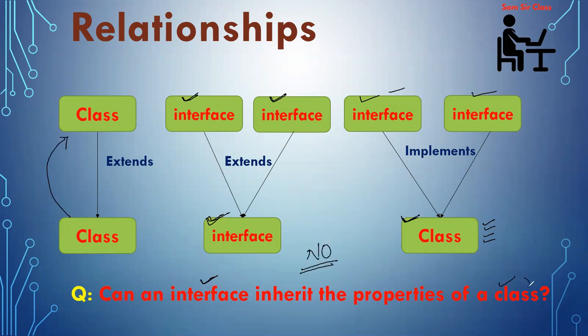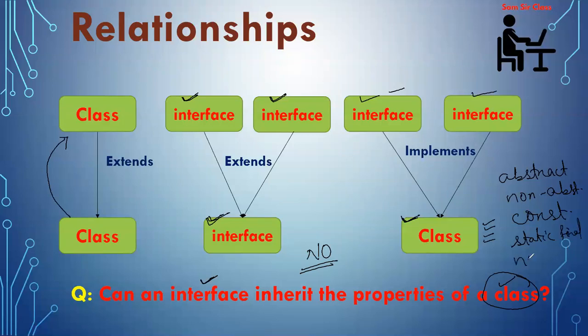Because a class can contain abstract methods, non-abstract methods, constructors, static final variables, and non-final, non-static variables also.